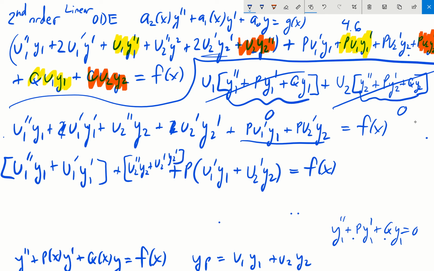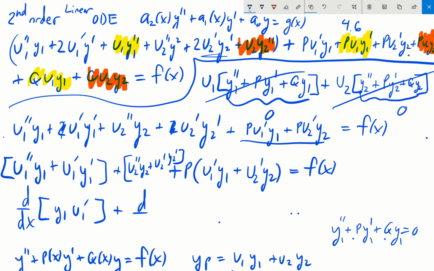And then the observation is that these two terms look like they came from a product rule, and the answer is they did. This would have been the derivative of y1 u1 prime.